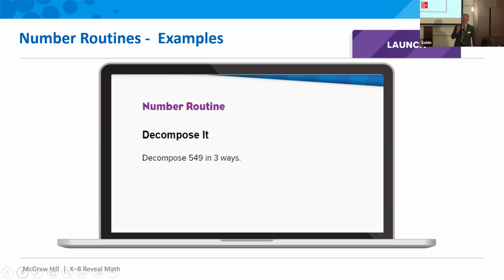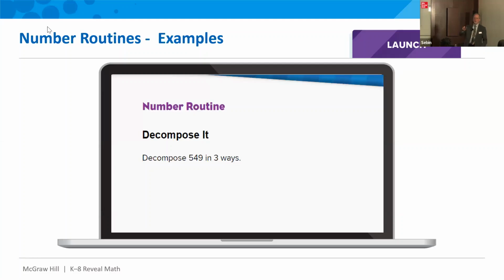Those of you that are zooming in, you should be writing it down right now too, not sitting back and just waiting for them to do it. And when you have all three ways, just put your hand up and down for me, okay? So I can see that you've got it done.